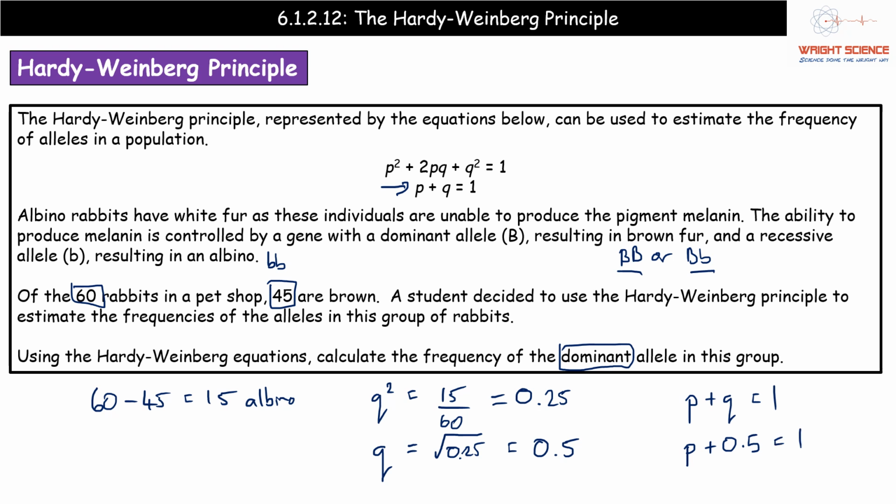So all we're going to do there, rearrange your equation, 1 minus 0.5 equals our P value. So 1 minus 0.5 is 0.5. So that gives us our final answer. Now, whenever you're doing this, it's always worth setting out the working nice and clearly so that if you happen to make a silly calculation error, we can amend it and obviously see where you've gone wrong.